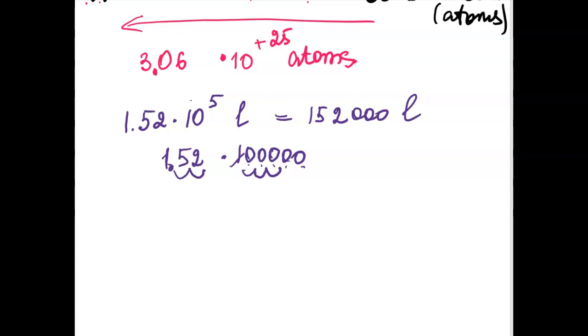So you need to move the decimal point from this position to the left 1, 2, 3, 4, 5, 5 slots, right? And you will get 152 multiplied by 10 to the power of 5 liters.